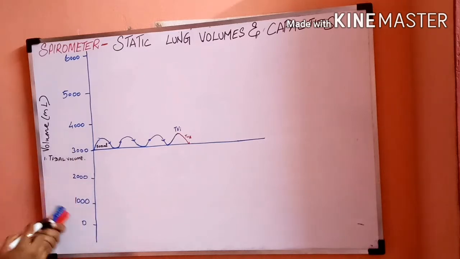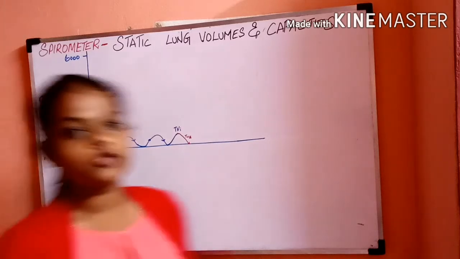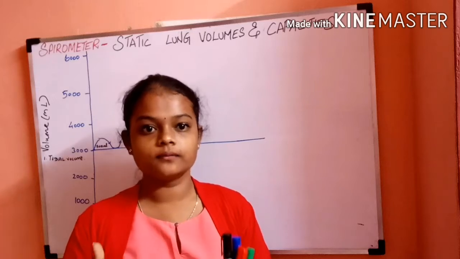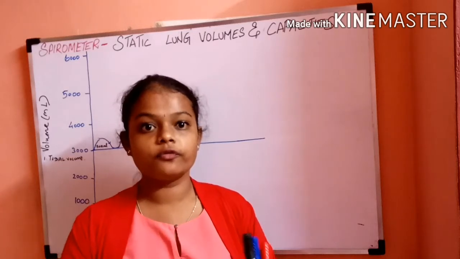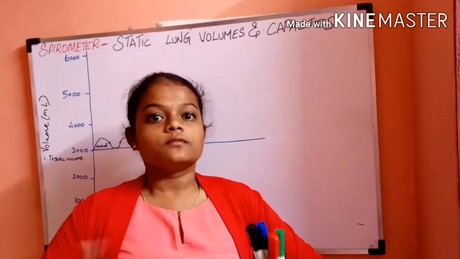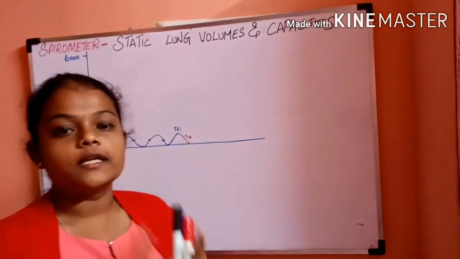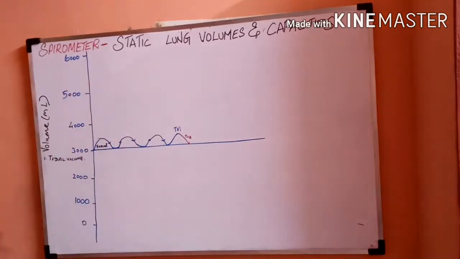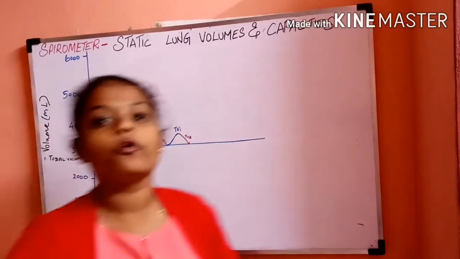Next, coming to, okay, so நான் இப்போ எங்கேயோ உட்காந்துட்டு இருக்கேன்னா first நார்மலா breathe பண்றேன். Force inspiration. So this force inspiration is known as inspiratory reserved volume, or forced inspiration.